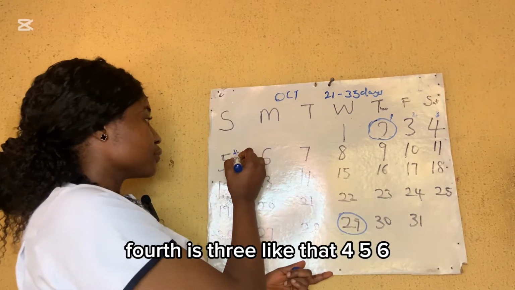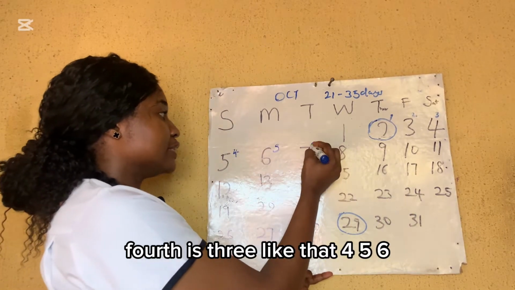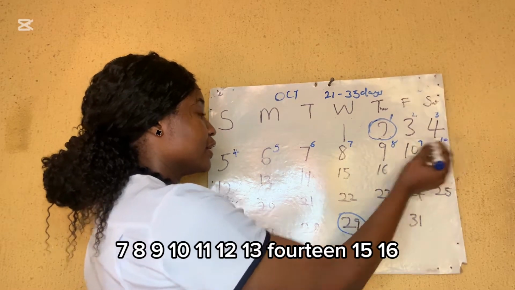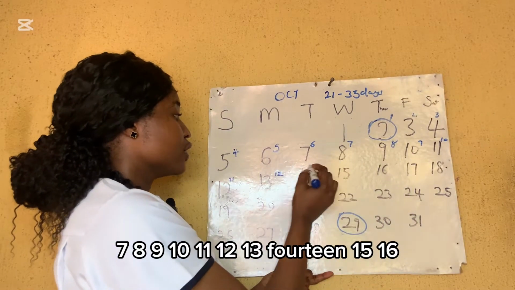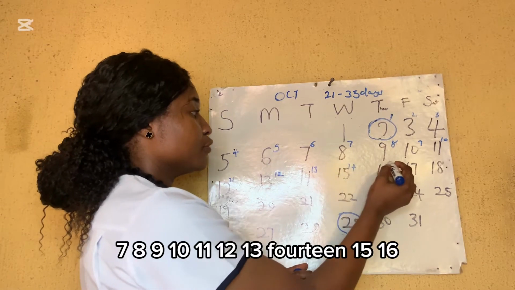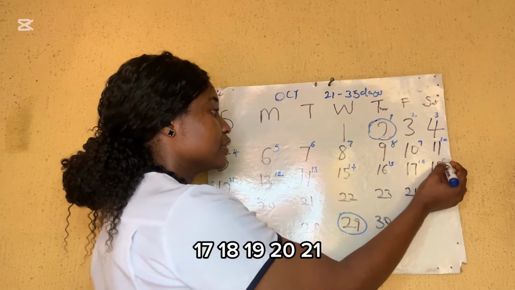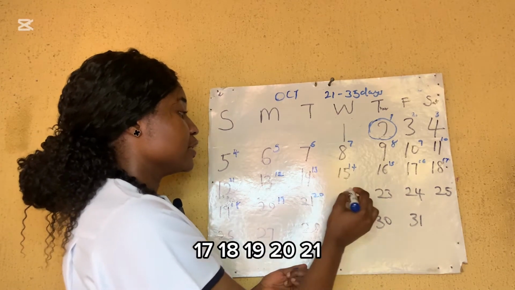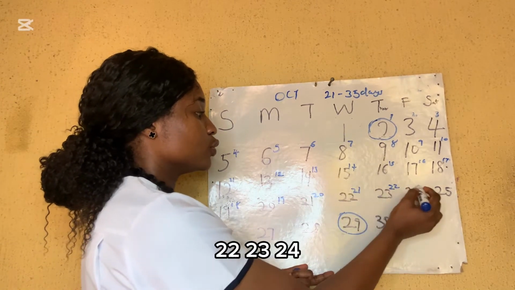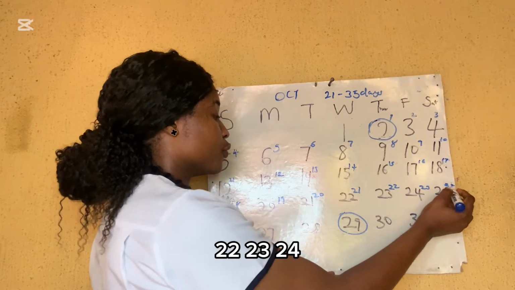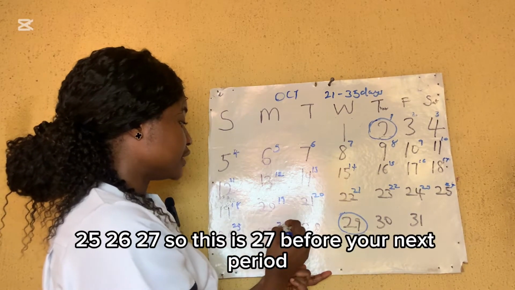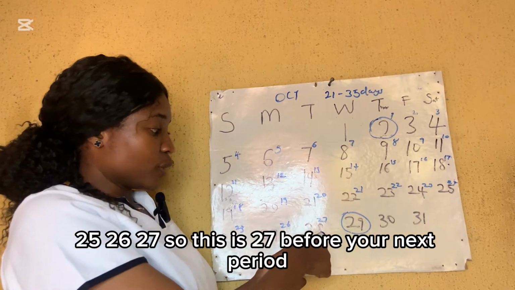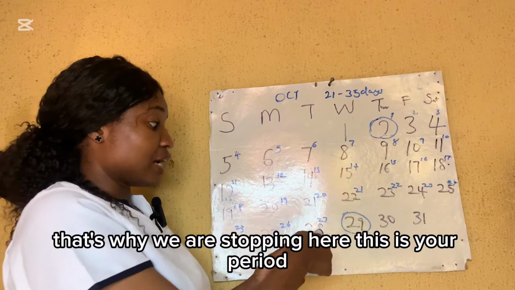Like that, 4, 5, 6, 7, 8, 9, 10, 11, 12, 13, 14, 15, 16, 17, 18, 19, 20, 21, 22, 23, 24, 25, 26, 27. So this is 27 before your next period. That's why we are stopping here.